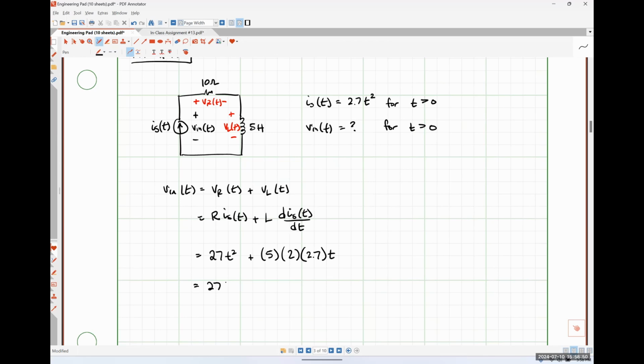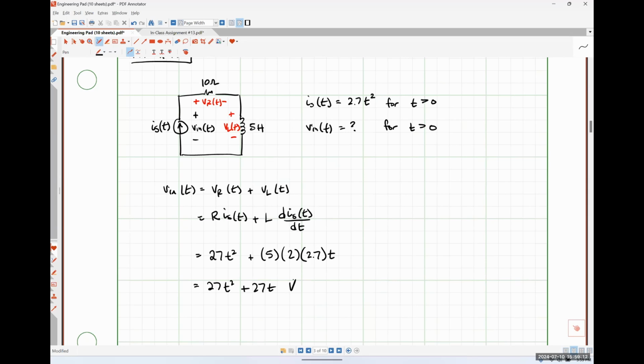So 27 t squared plus 27 t volts, if my calculus is correct, which is always a question. All right, and that would just be the answer.